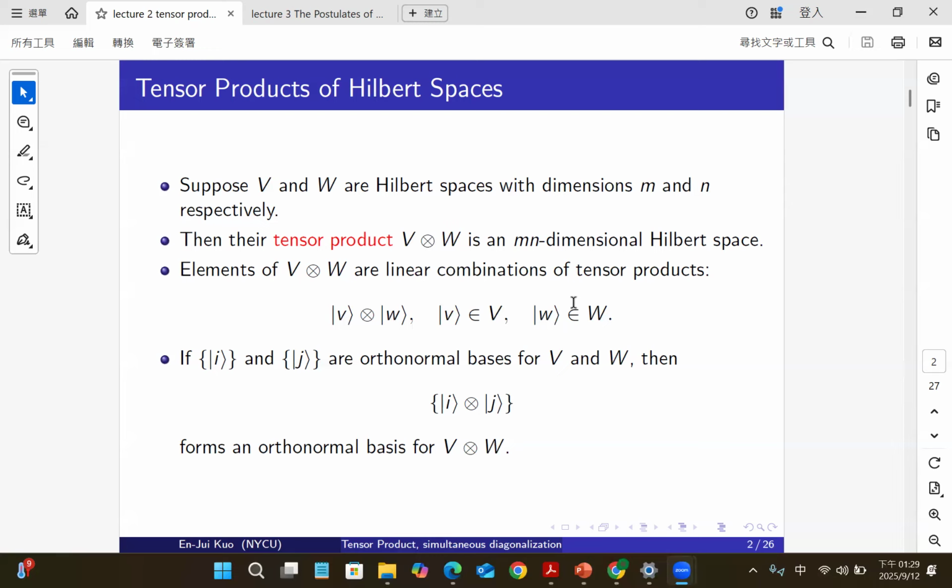There are more abstract ways, but the simplest way to define it is to define V tensor W to be the set of vectors which can be written as a linear combination of these, where i is the basis of V and j is the basis of W. Let me write it down.